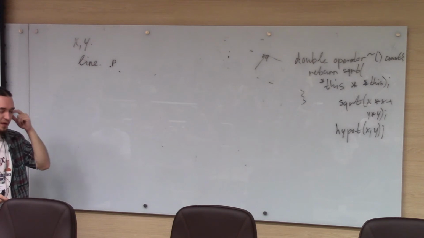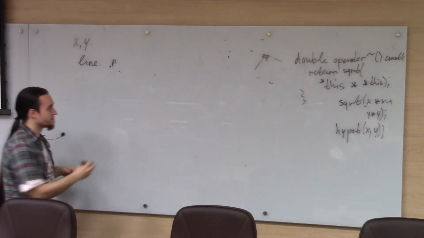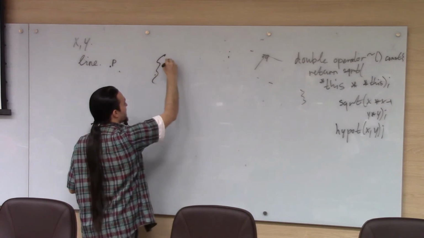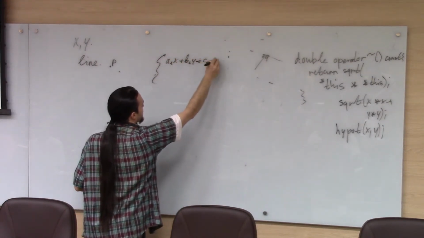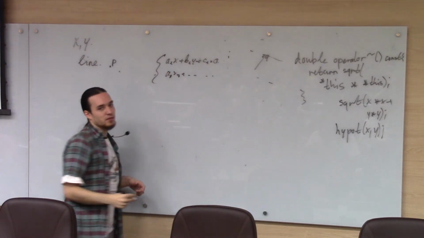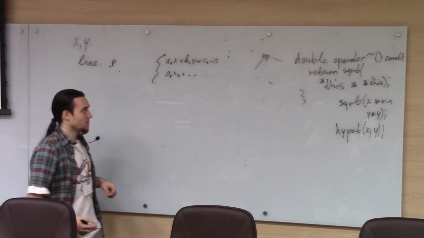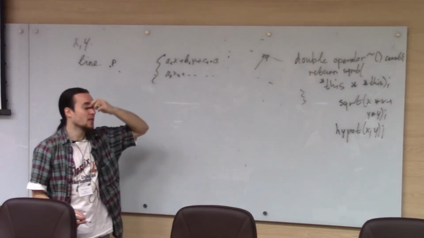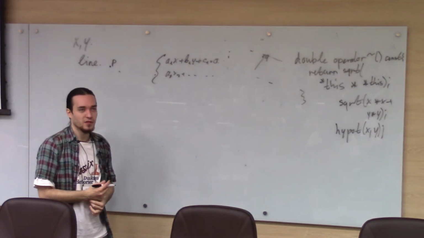But if you have the representation with the equations, then what you have is basically a system of linear equations. And we know how to solve these, right? We can do that by elimination. We can do it in a lot of different ways.